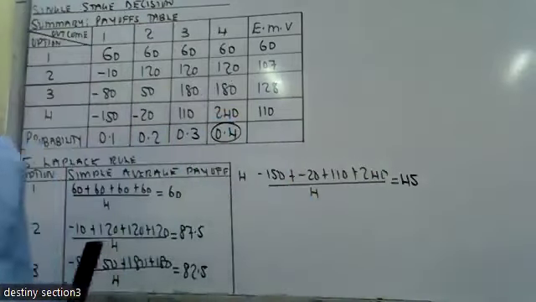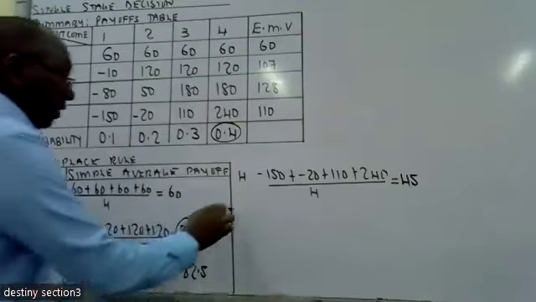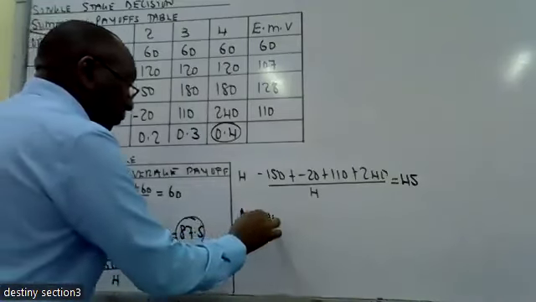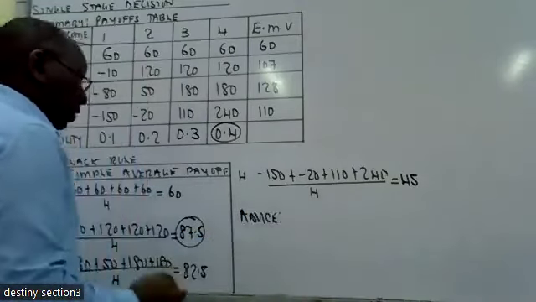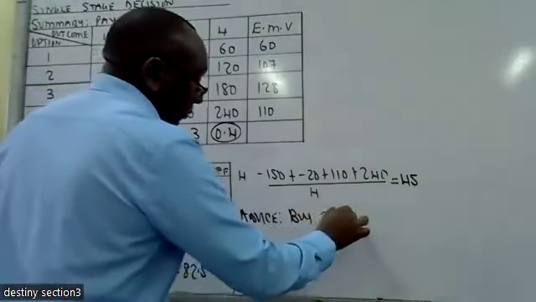So again, there we select the highest. The highest is 87.5. So what is the advice? The advice is that they should buy 2 cakes.